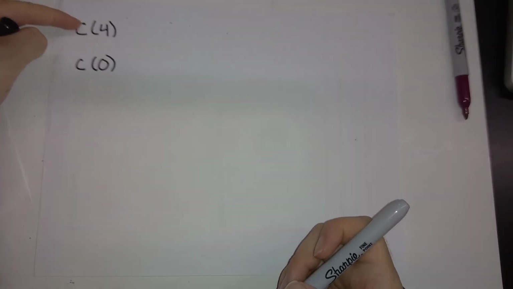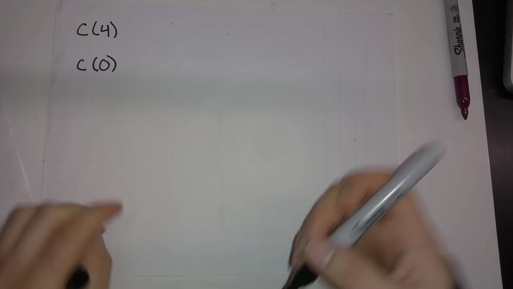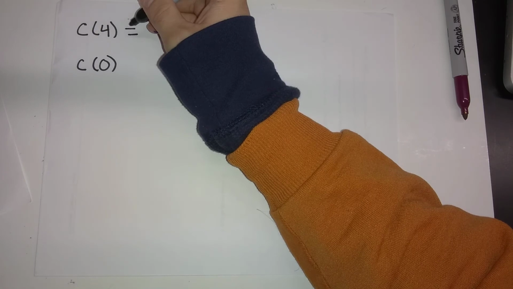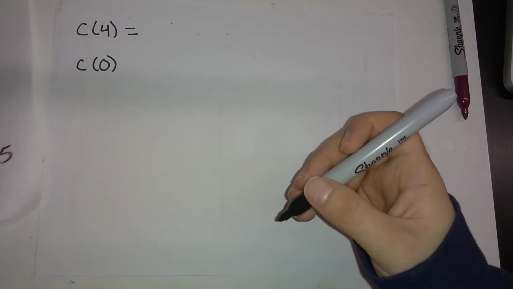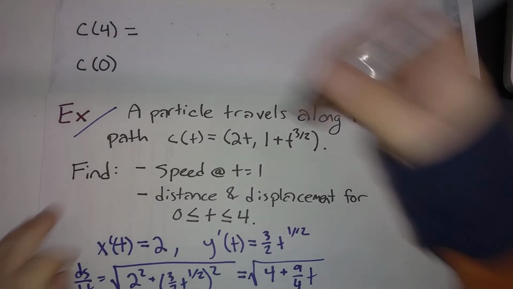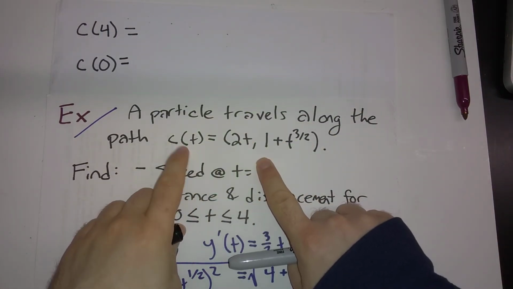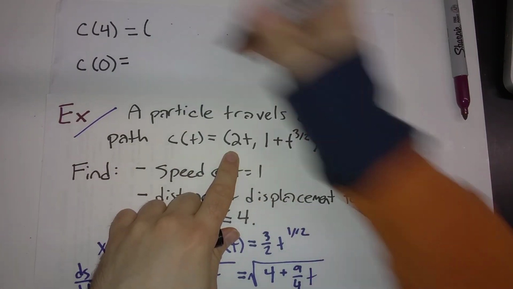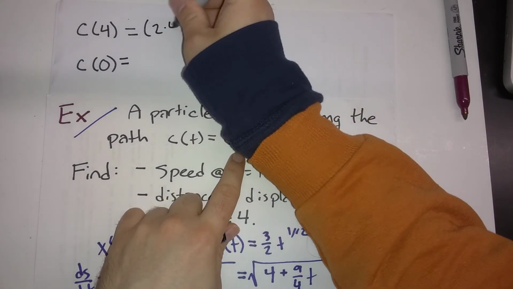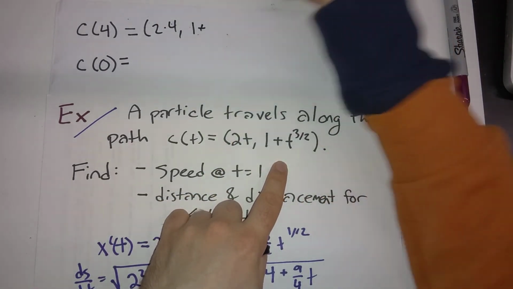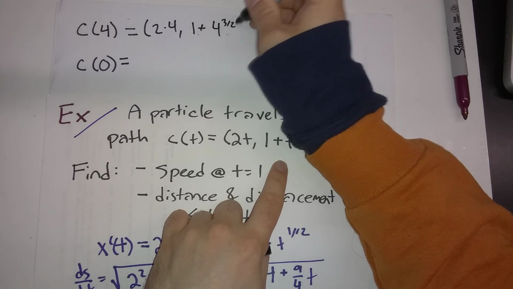So here's the ending point, here's the starting point. We have to go all the way back to our original problem statement. c of 4 is going to be 2 times 4, and 1 plus 4 to the 3/2.